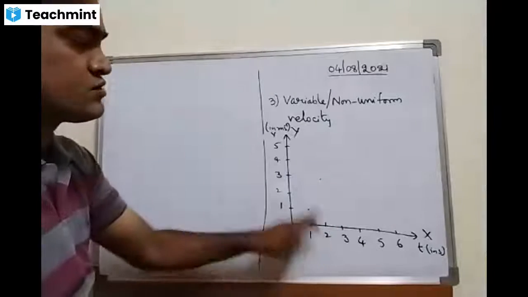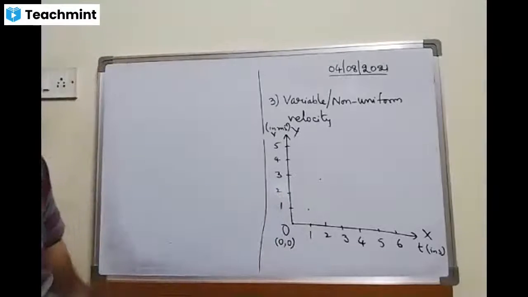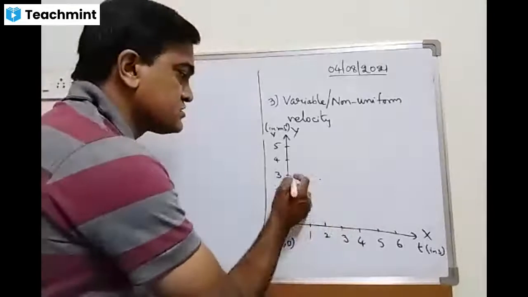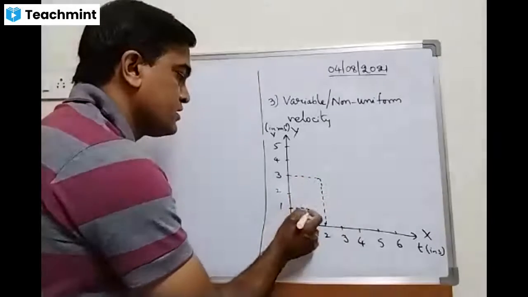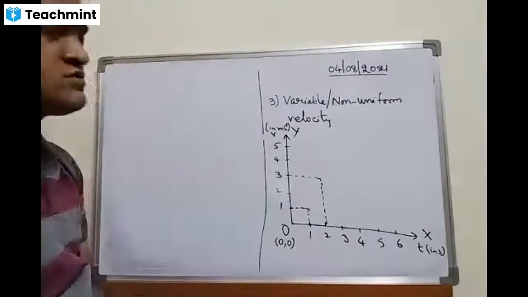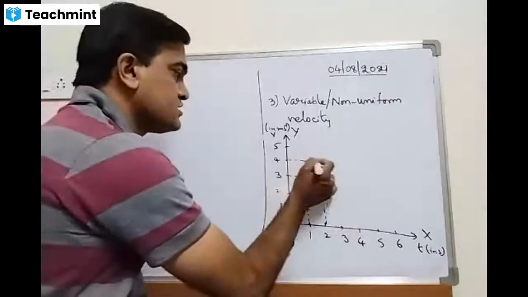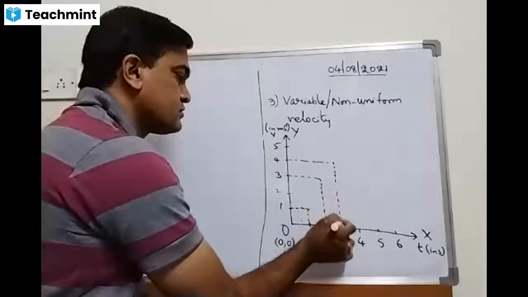That means for 2 seconds, corresponding velocity is 3 meter per second. Right? And for 3 seconds, if velocity is 4 meter per second, somewhere I'll put the point here.